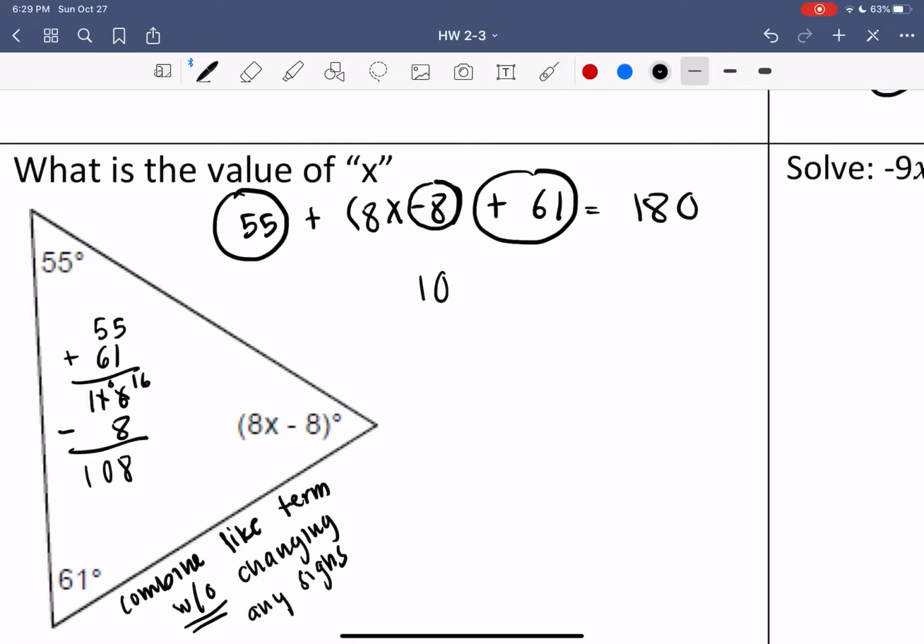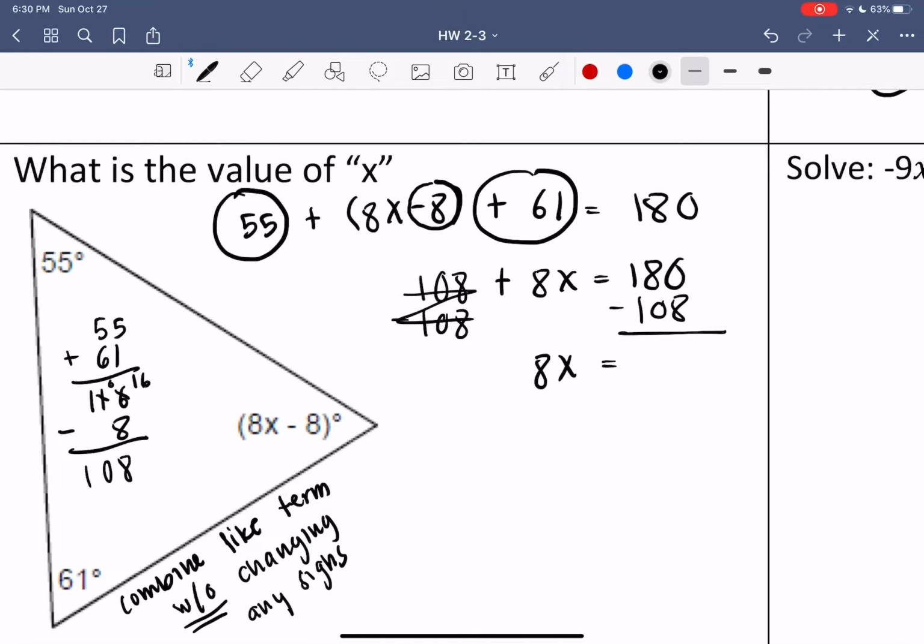So we have 108 plus 8x equals 180. Then we're going to subtract 108 on both sides. So it becomes 0. We'll have 8x equals what this is, and then you'll have to divide both sides by the coefficient in order to get the x by itself, because we're looking for just the x, not 8x.